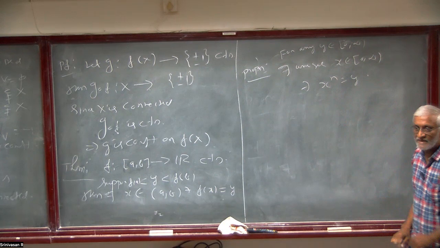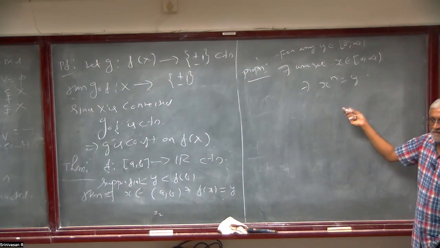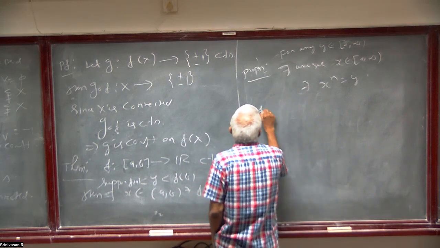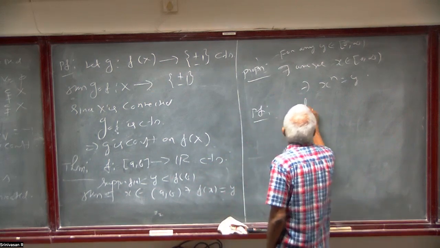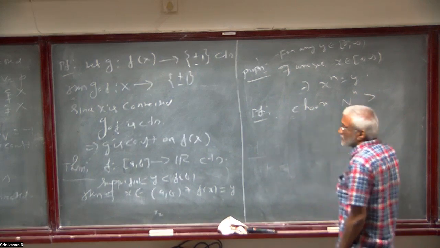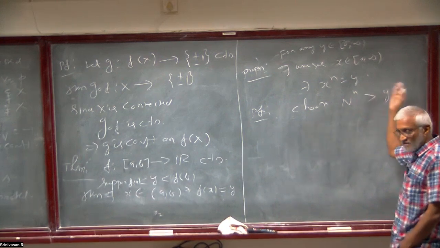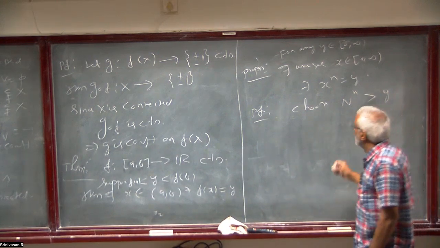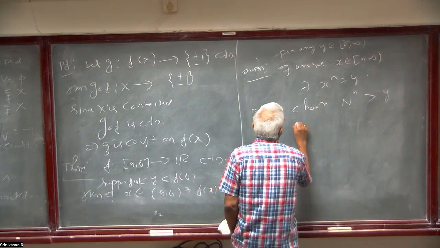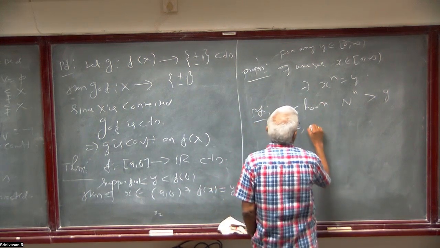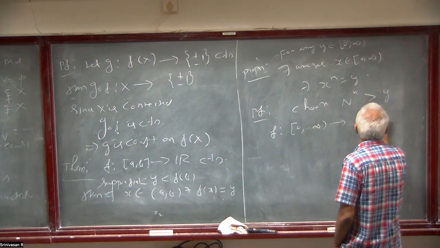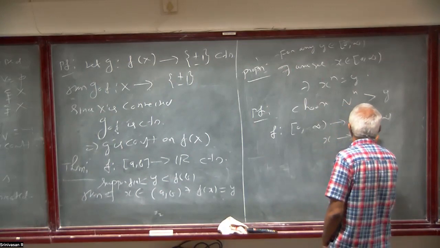Given any y, you can find an nth root. Proof: you can choose n greater than y, so n to the power n will be greater than y also. Take f from 0 to infinity to 0 to infinity, which is x to the power n, which is of course continuous.